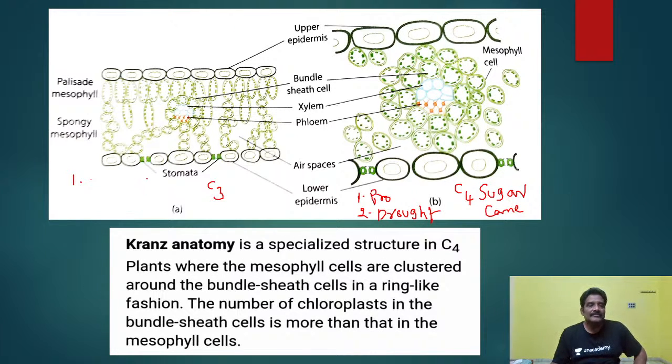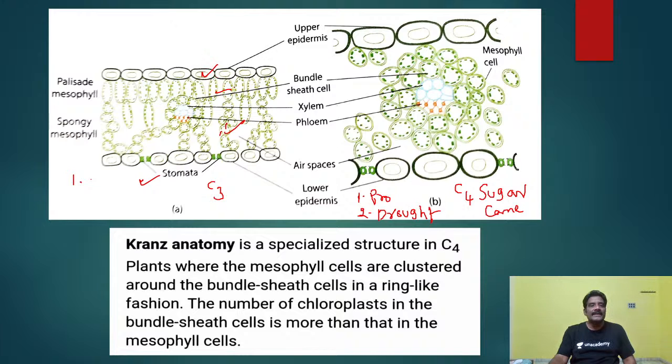This is the C3 plant, which is very familiar to you. This is the internal structure of a dicot leaf. Here the outer epidermis is there, and just below this is the palisade tissue. The mesophyll tissue is differentiated into palisade tissue and spongy tissue.